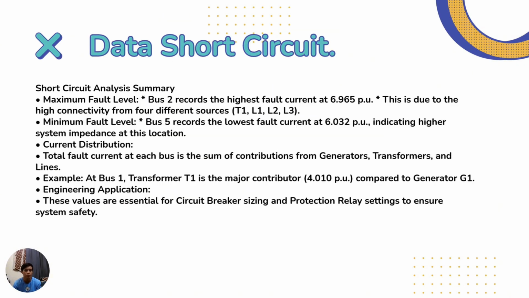The maximum fault level is at bus 2, which is the highest fault current at 6.965, and the minimum is at bus 5, which is 6.032. Total fault current at each bus is the sum of contribution from generator, transformer and line.